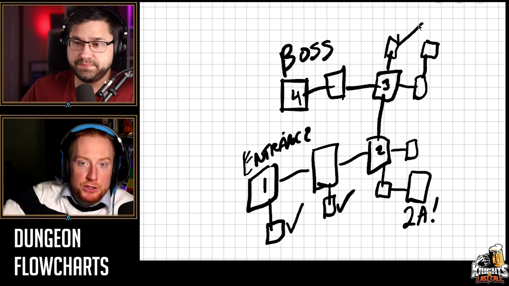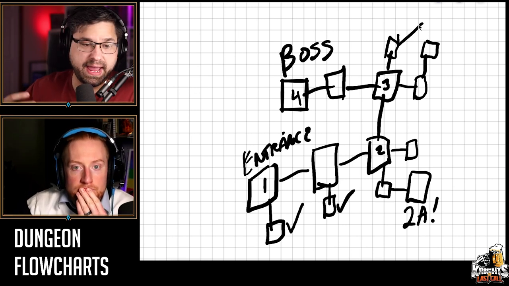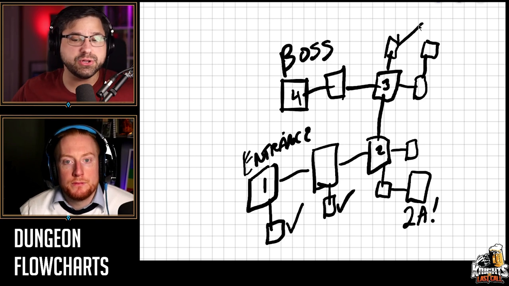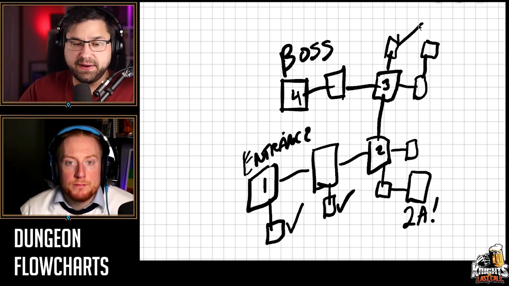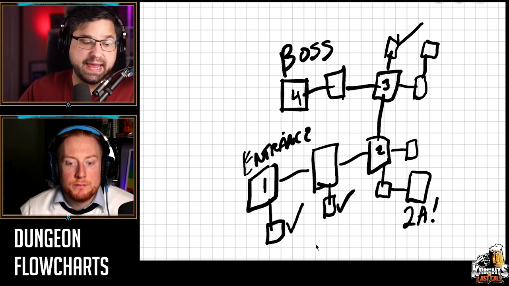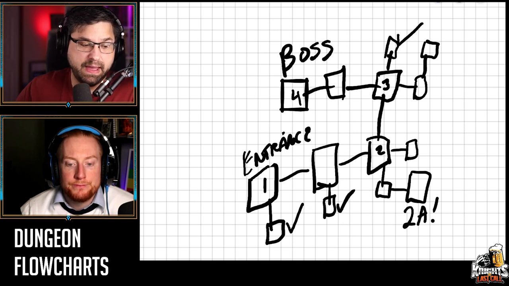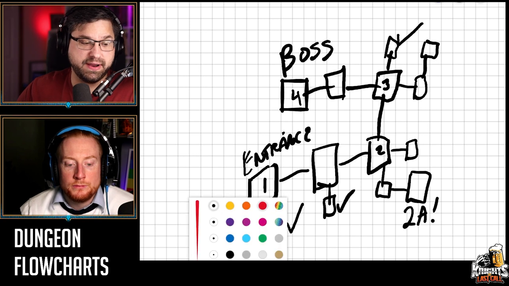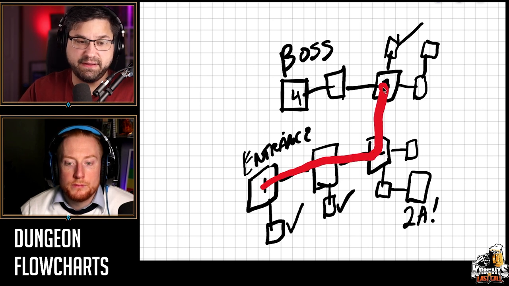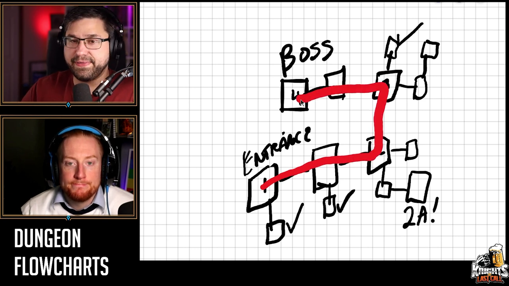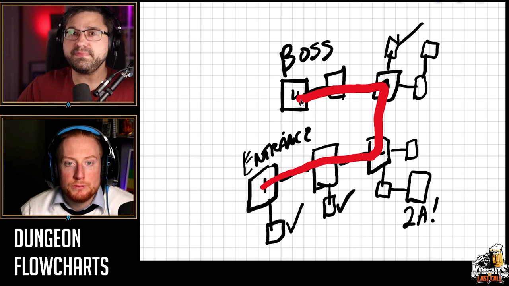It's meant to be done a certain way, and you're giving the players illusory choices. Most importantly, some players may go to fight 2A and some may not, but at the end of the day, rest assured that regardless of what path they take, the heroes are basically going to follow that path and make their way through that dungeon. So this is crap.